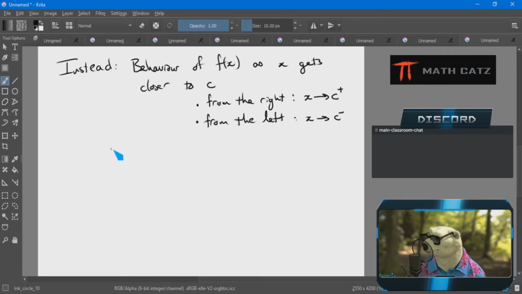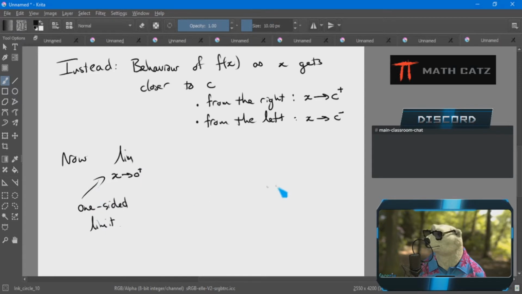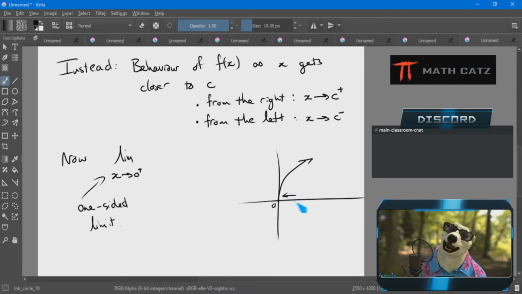Now the limit as x approaches 0 from the right, we'll call that a one-sided limit for obvious reasons. Look at my function again. Look at the graph. Now the requirement is I'm only getting closer from the right side. I don't care about the left side of 0. Doesn't exist as far as I'm concerned.